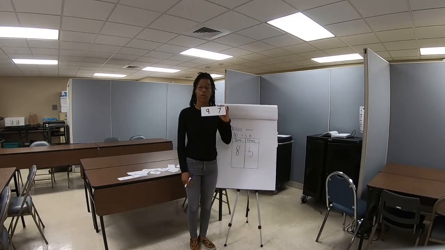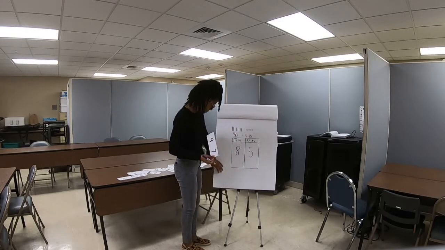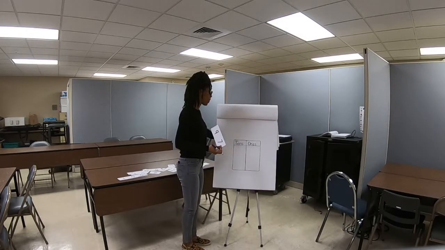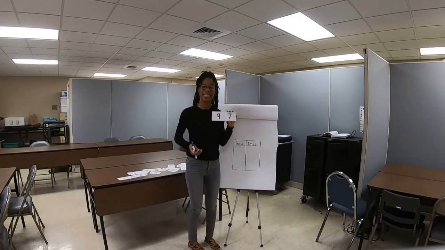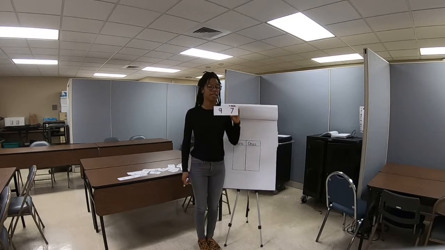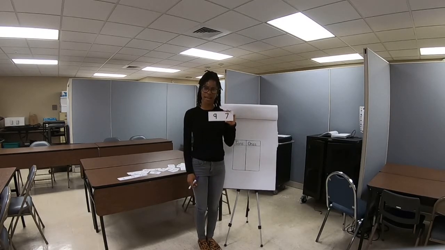This is number 97. Let me get another chart. 97. Okay, now there's a 0 hiding somewhere, and I bet you know where it's hiding. Where is it hiding?